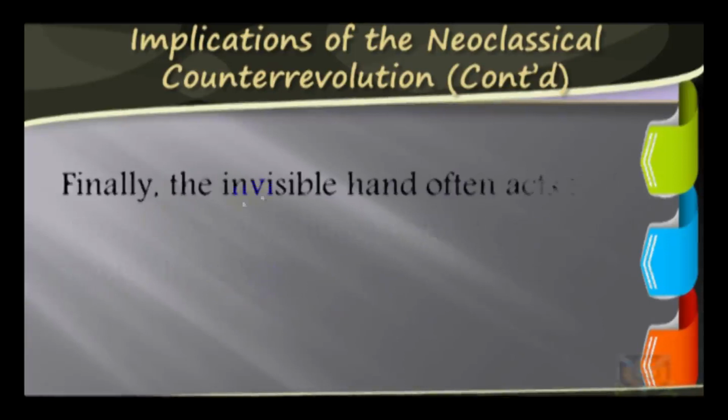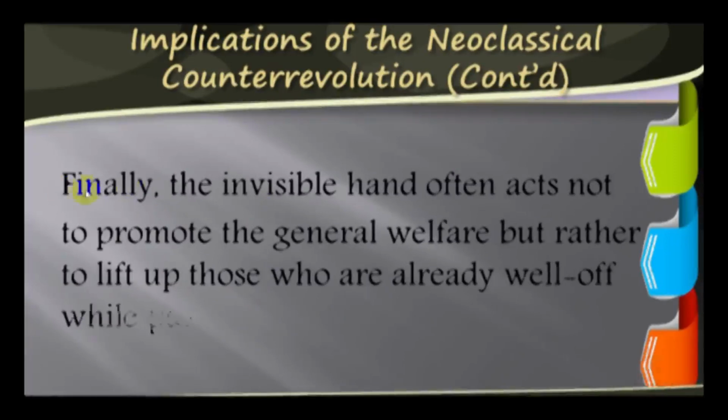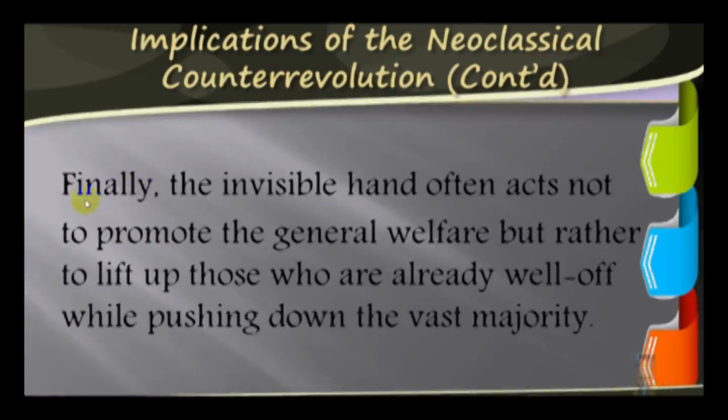Although monopolies of resource purchase and product sale are common phenomena, the neoclassical theory of monopoly offers little insight into the activities of public and private corporations. Decision rules can vary widely with social setting, so that profit maximization may be a low priority objective in state-owned enterprises. Finally, the invisible hand often acts not to promote the general welfare, but rather to lift up those who are already well off while pushing down the vast majority.